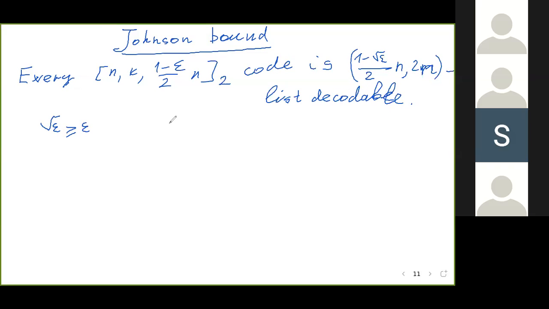So we can decode by a small list from a little bit fewer errors than the distance. And this is amazing because for normal decoding from errors without a list, just exact, we can decode from 1/2 of the distance errors, but here almost from the number of errors equal to the distance, assuming that epsilon is small. So this is the statement of the theorem.